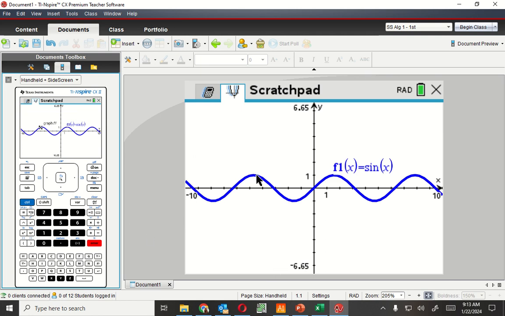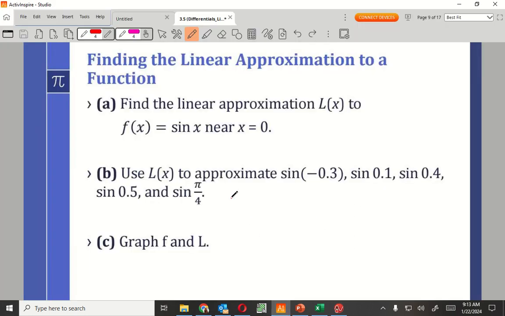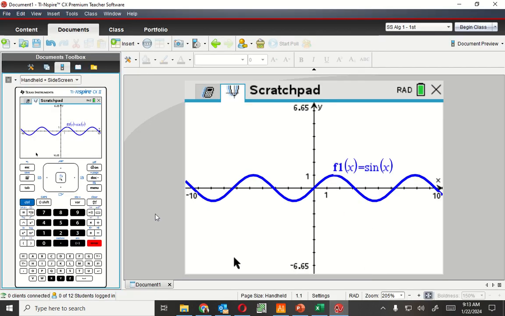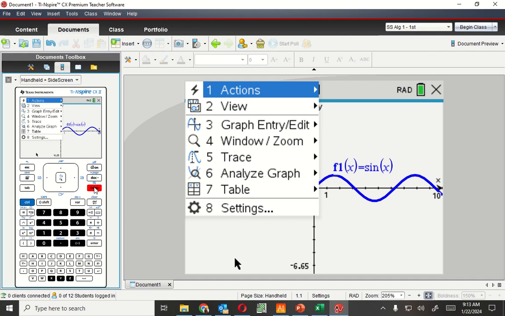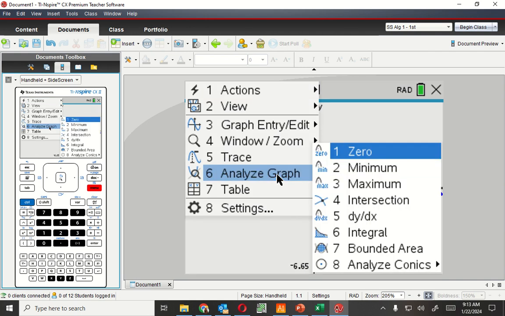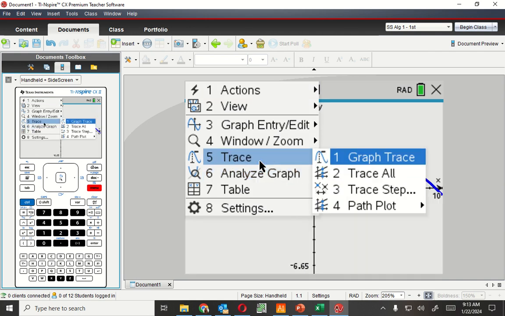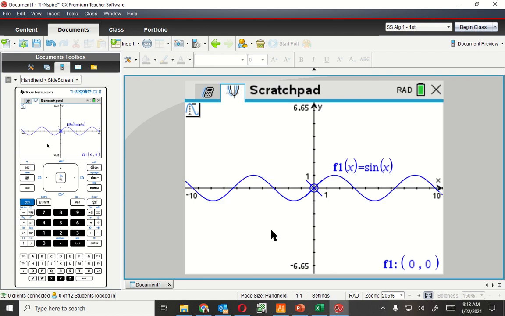And then we're going to do the approximation of this point. The first one was 0.1, right? Oh wait, there it is, negative 0.3. Menu, there we go, okay. I'm going to do a trace graph on this because I can go to a bunch of different places.